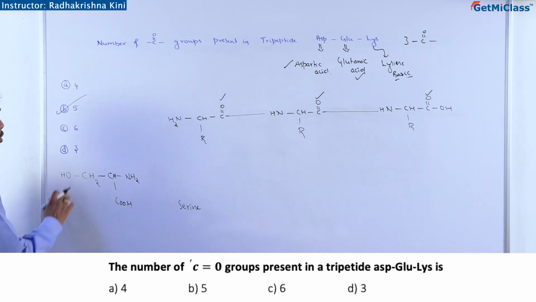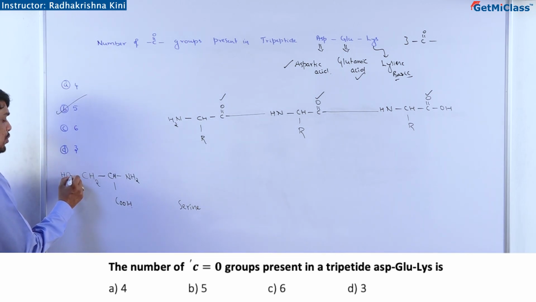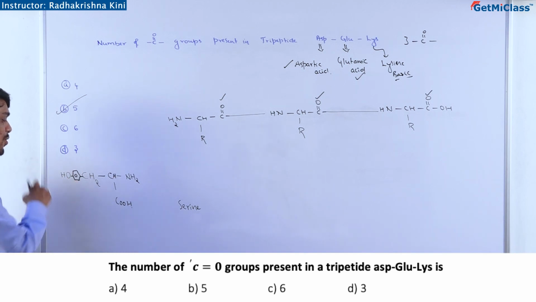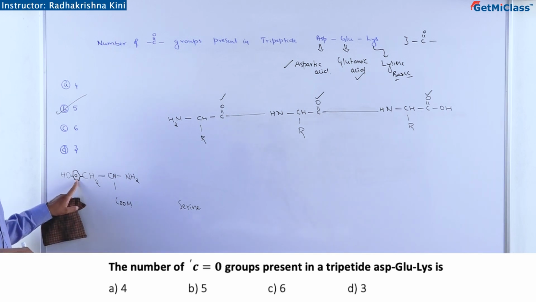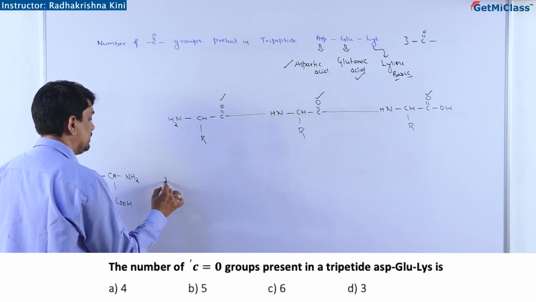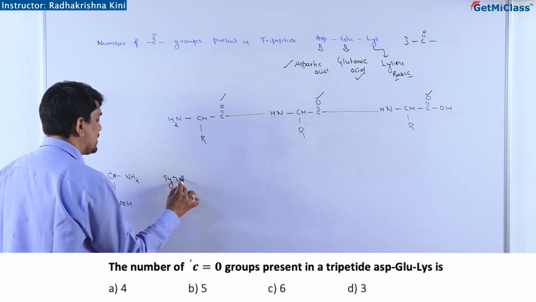In between OH and CH2 you show a ring of benzene. So in between the CH2 and OH I showed a ring of benzene. So with the ring of benzene, it is tyrosine.